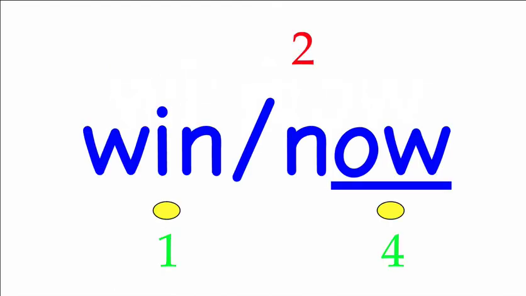Win, no. Mark the word. Notice OW here is representing the long O sound, so it's vowel group 4. OW can also represent the sound ow, in which case we would put a 6 under it. But in this word, it's representing the long O sound, according to vowel group 4.